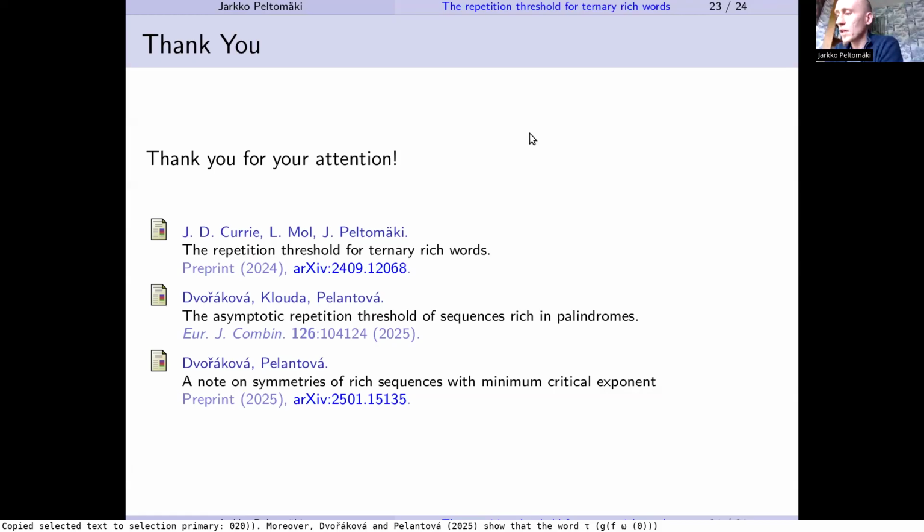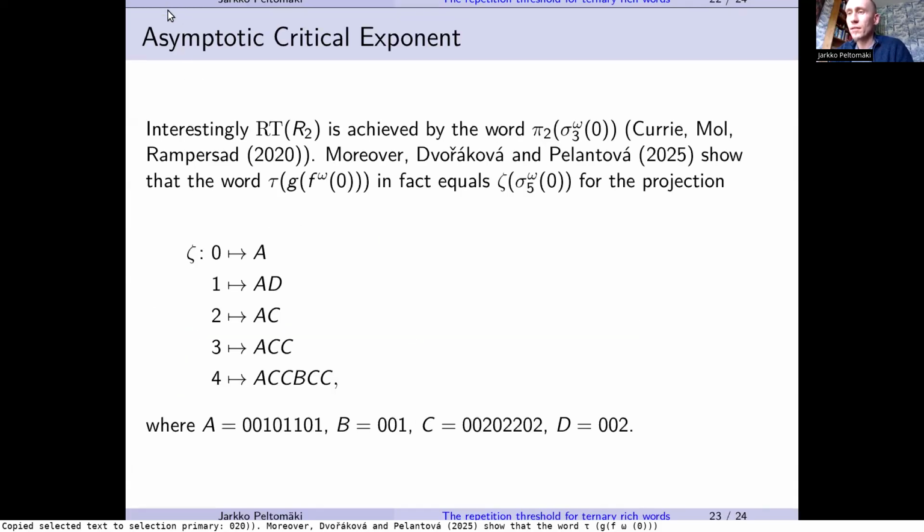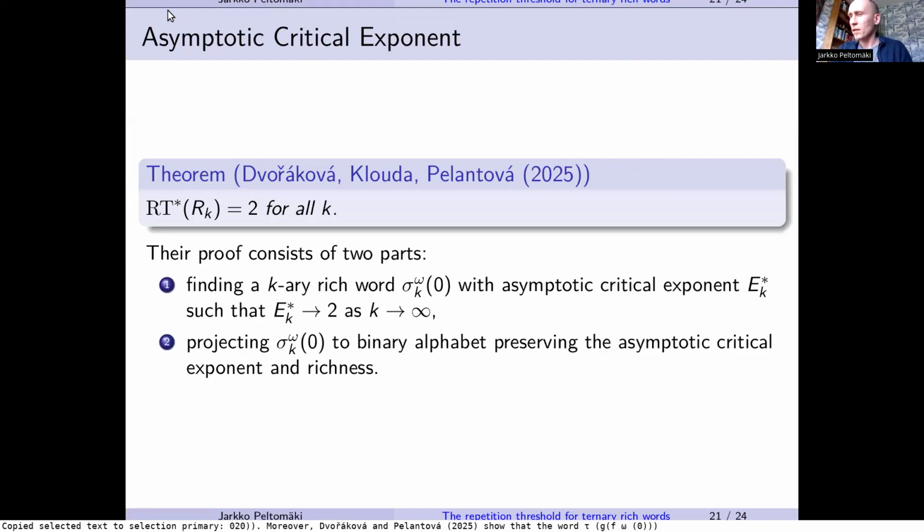Yeah, I mean, it can happen that they are different. Okay, I need to fight with Zoom, but as I said, in the binary case, this result here, if you look at the proof, it shows that you can find this asymptotic critical exponent E star as close to 2 as you like.